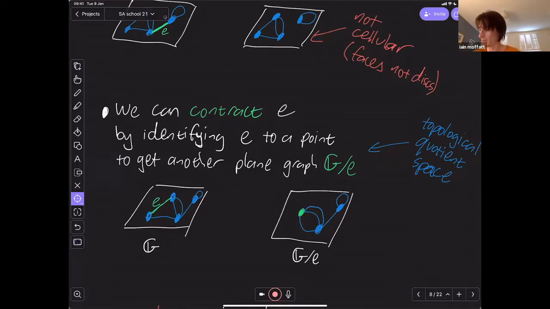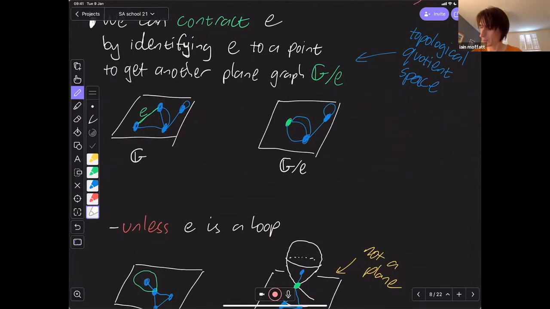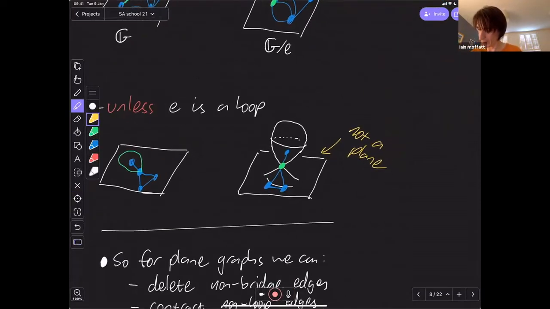Again, because I started with something in the plane, I'll end up with something in the plane. And that works fine, unless E was a loop. So if I tried to do this construction on this part here, what would happen when I try to contract this edge?